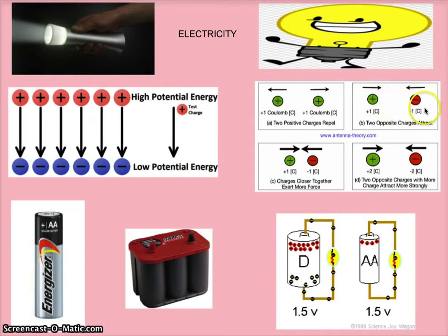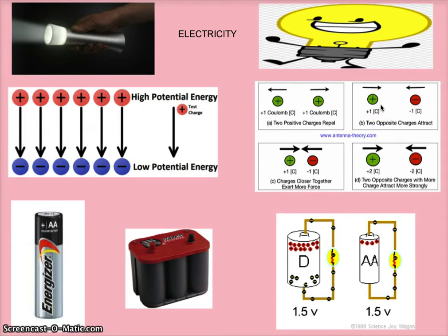So that's how you get electricity in a current. Now there's a lot more that we'll be talking about, but that's what's happening here. You are controlling the current by the positive and the negative ions. You're kind of forcing them to go toward each other.